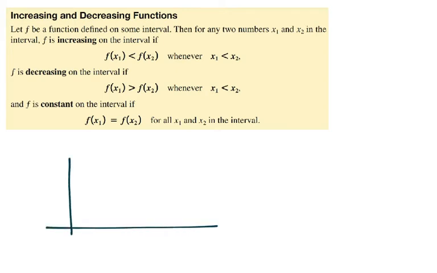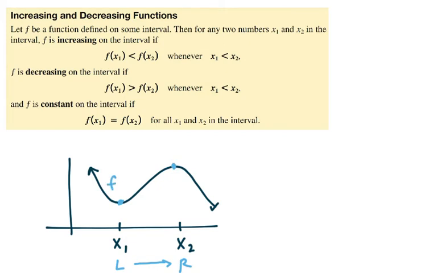So maybe I am drawing something and we are saying that, okay, well, on this interval from maybe some x sub 1 to x sub 2. So as we increase, or as we move from left to right on the x-axis, what is happening to those corresponding y values?